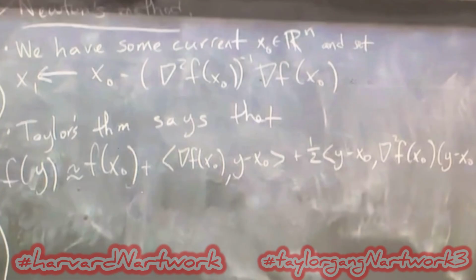So again, for t in [0, 1], define xt to be x0 plus t times x1 minus x0, where by x1 I mean the next iterate, and by x0 I mean the point that we're currently at.